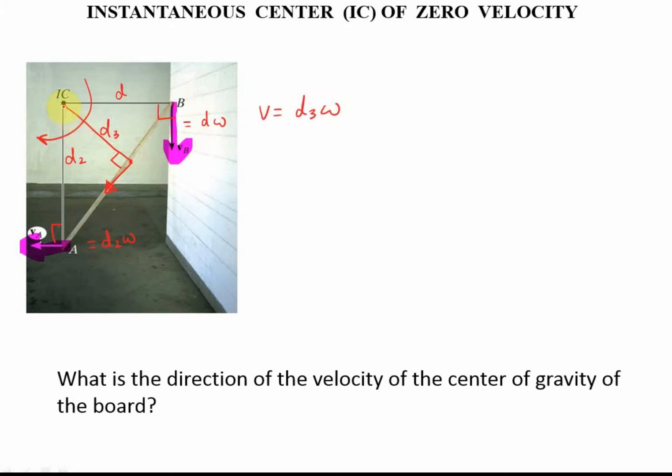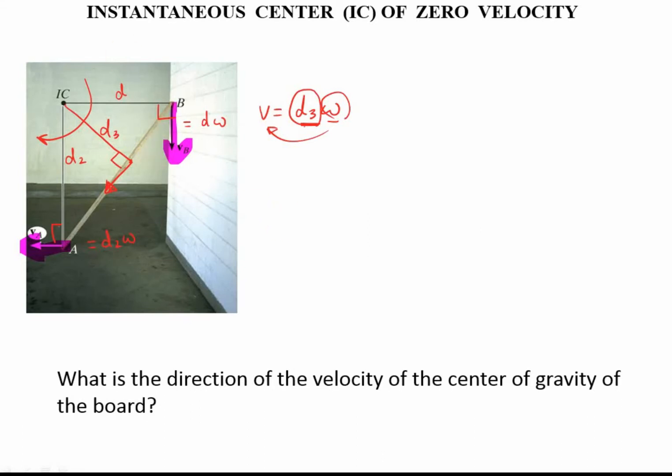The benefit of having the IC point is that if you know the velocity of any point of your rigid body, you can get the distance from IC to that point. Once you find the distance from IC to any point of interest, you just multiply by your omega, and that will give you the velocity.